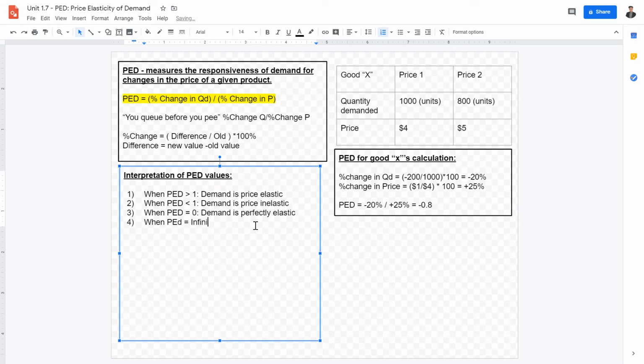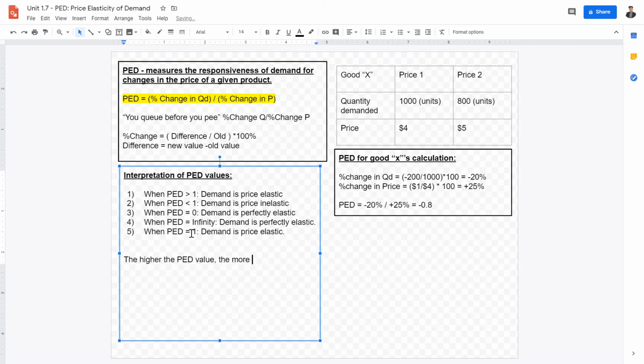When PED equals infinity, demand is perfectly elastic. When PED equals 1, demand is unit elastic.